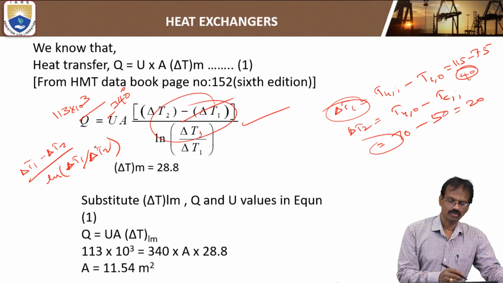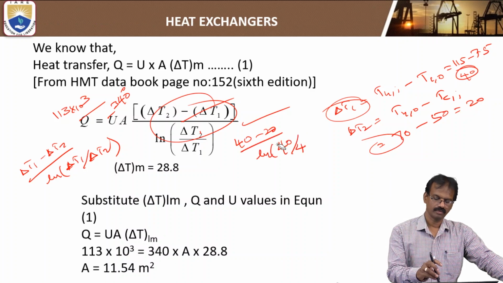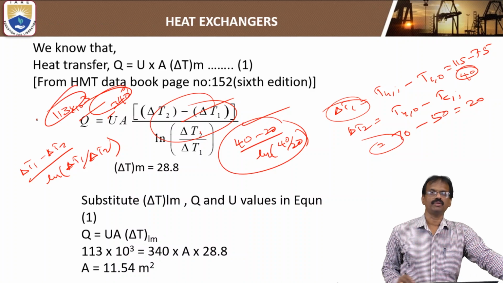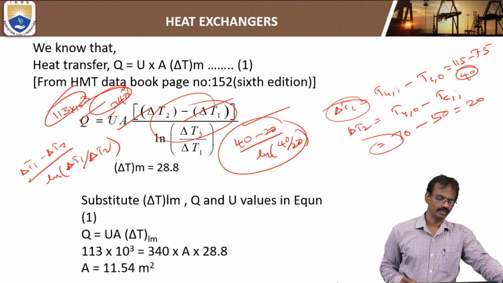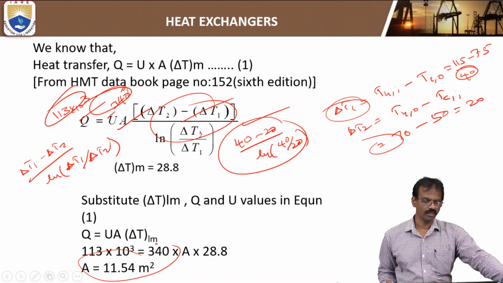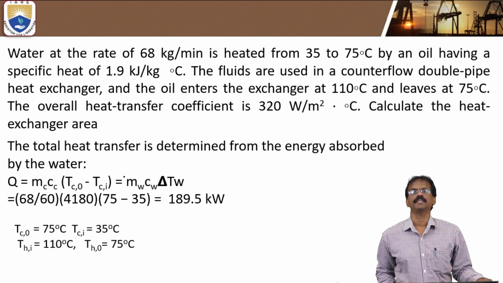And this value is 40 minus 20 by ln of 40 by 20. If you substitute all the values, then you will get the area. Area is equal to 11.54 meters square. So in this way, you can solve the numericals which are based upon the LMTD.